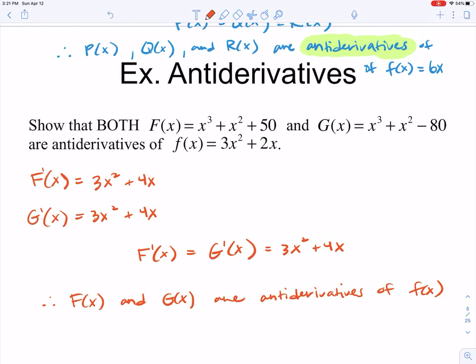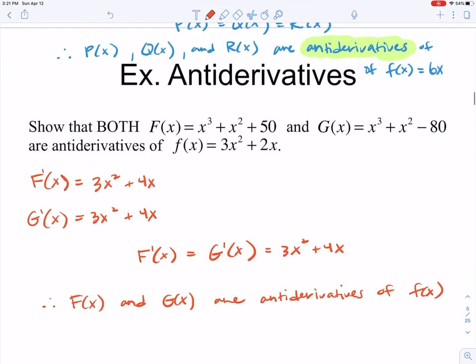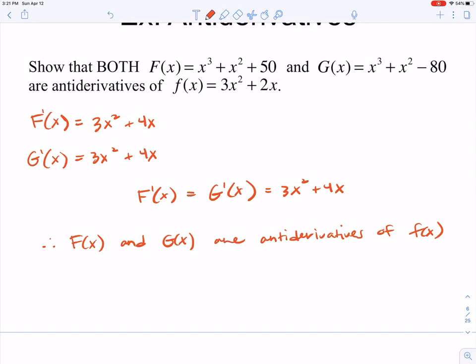Okay, so each of those, capital F of x and capital G of x, end up being antiderivatives of lowercase f of x, but we could represent the general antiderivative. There's infinitely many antiderivatives that I could come up with for the function lowercase f of x, meaning there's infinitely many functions that if I took their derivative, I would get lowercase f of x equals 3x squared plus 2x.